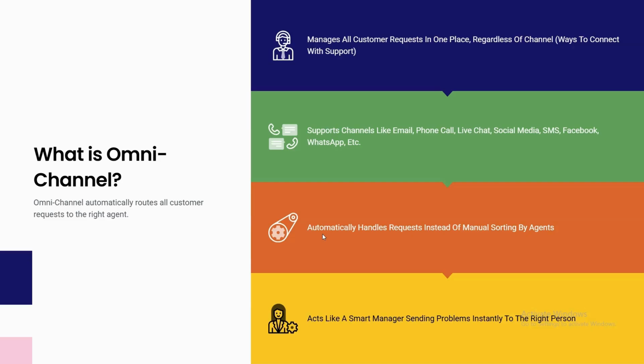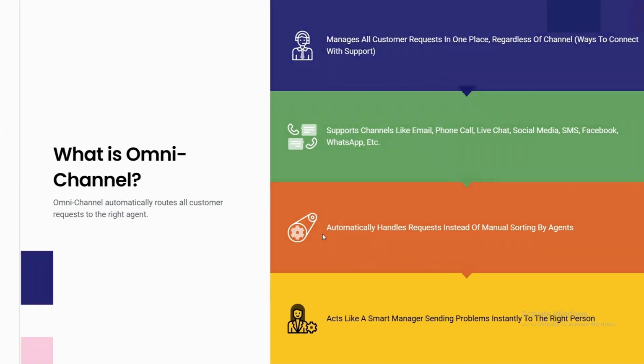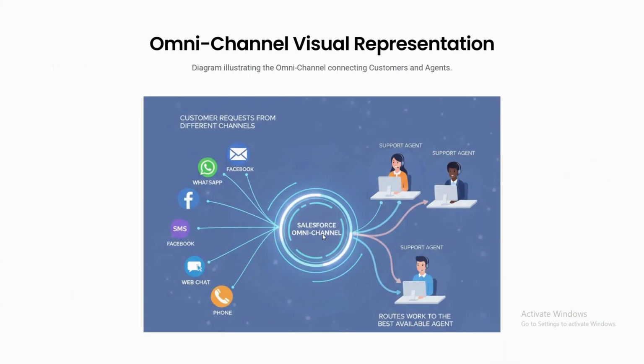Generally, there is a person who manually assigns the customer requests to the different agents. As this work is done manually, there are a lot of chances for mistakes. So here we design a system, that is Omnichannel. As this is a system, it does not make mistakes, and it routes the work to the support agent automatically.